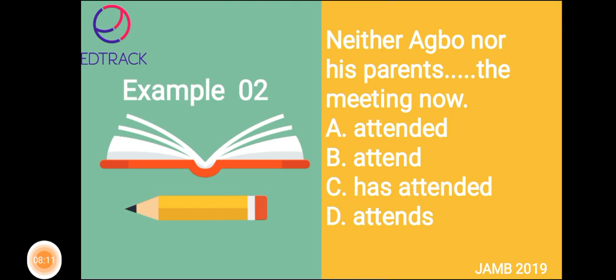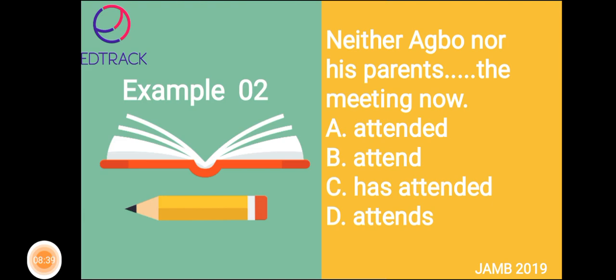Now to the next question. Neither Agbo nor his parents dash the meeting now. The first thing I want you to take note of is that we could see what marks time here.